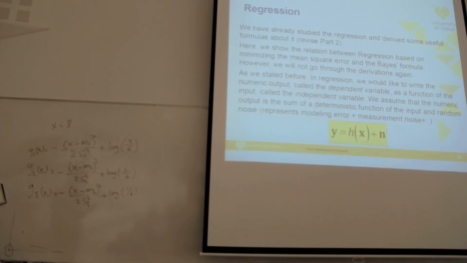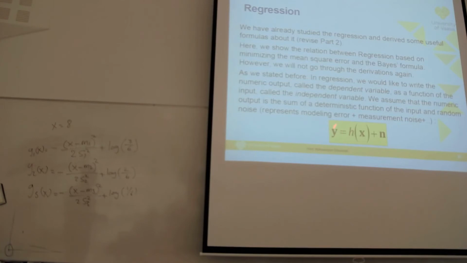Actually, the same concept could be used for regression, but in the regression part we have already studied regression in detail. However, if we like to build a probabilistic approach for regression, this will lead to the same formula that we had before in the second part of this course, but I will go fast about it.